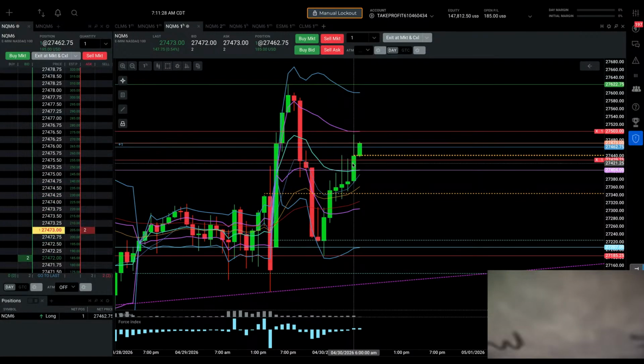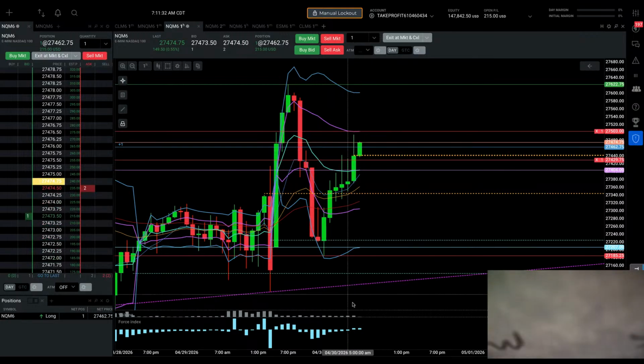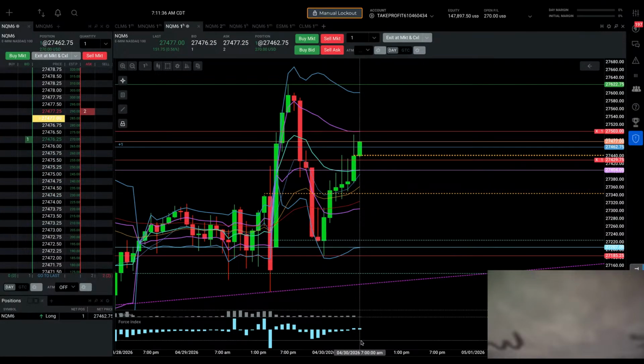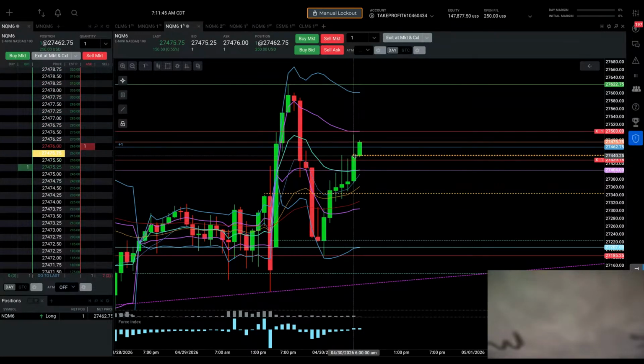So right here is the top of your 6 a.m. candle. It's the start of your 7 a.m. candle. If you look down here at the bottom of my screen, see it says 7 a.m., 6 a.m. Okay. So I take the top of this body right here, and I mark it out.